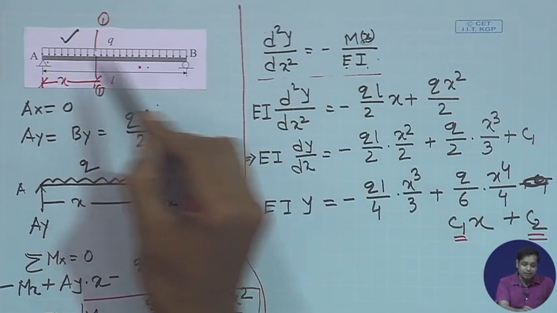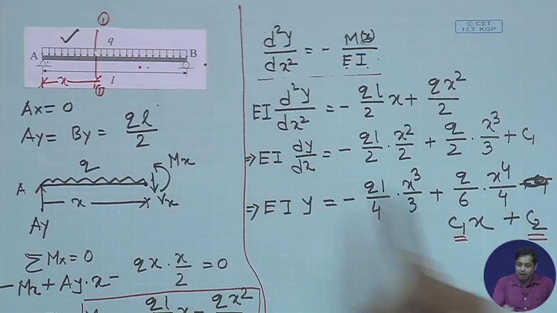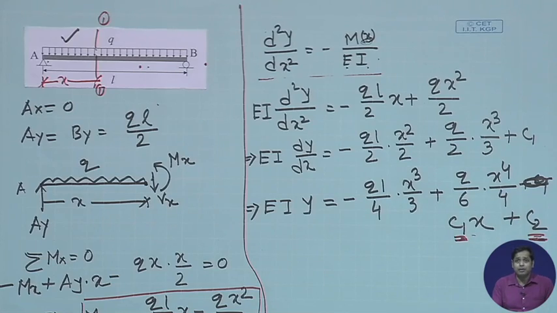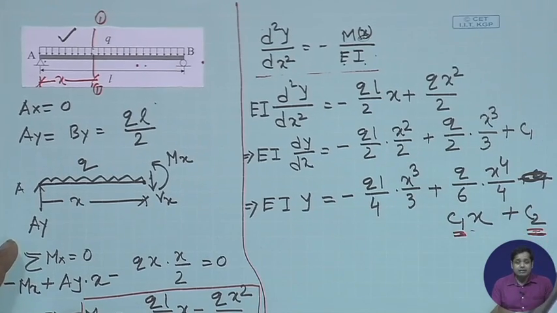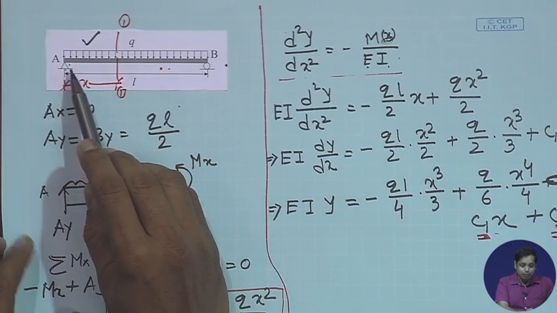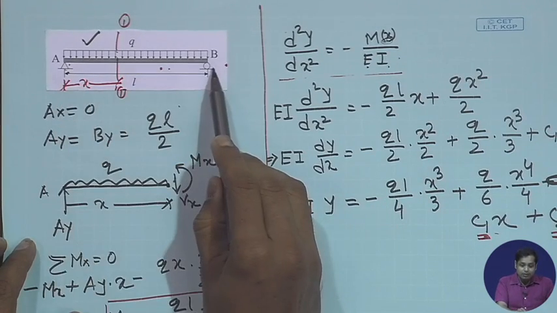The constraint is these boundary conditions, and these boundary conditions will help us to determine the constants C1 and C2. Otherwise, if we do not have these boundary conditions, then we cannot determine the constants C1 and C2, so we cannot have a unique solution, right? Now, let's see what boundary conditions we have. This point is a pin support, and this is a roller support.